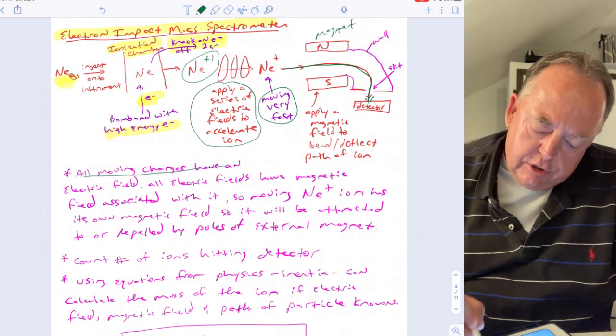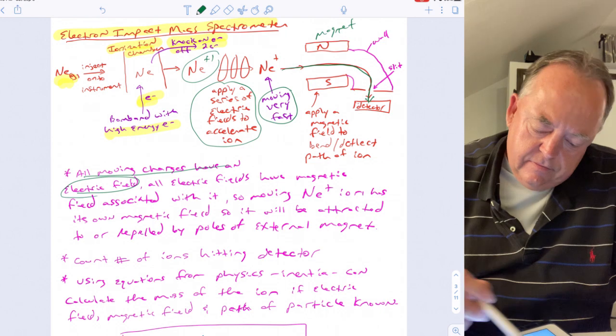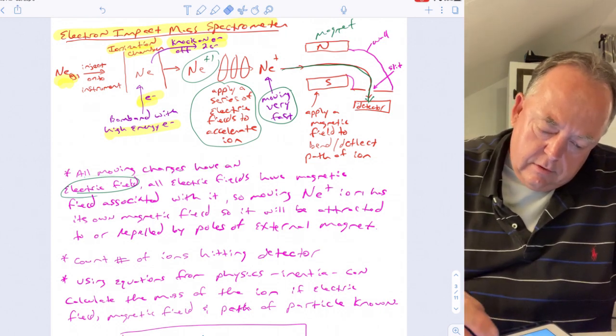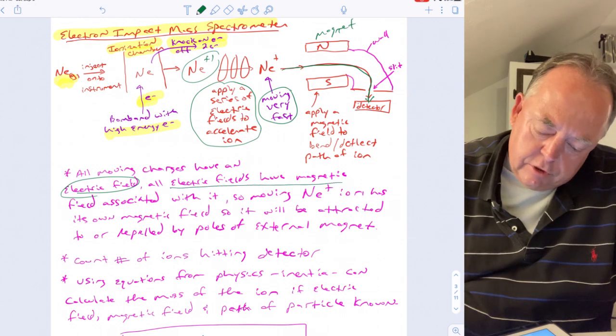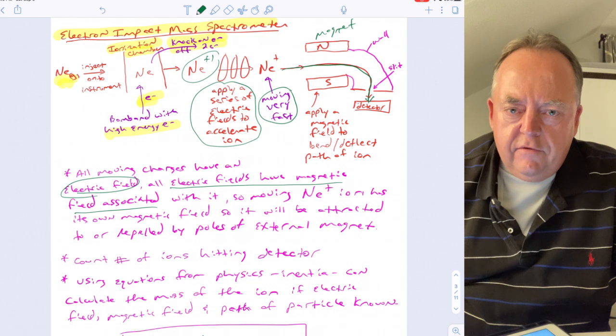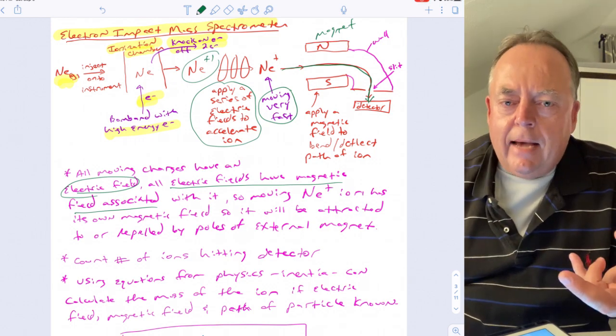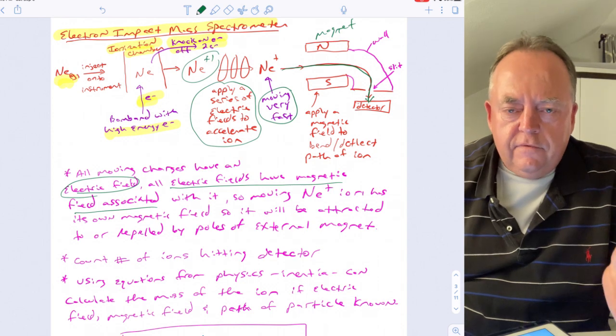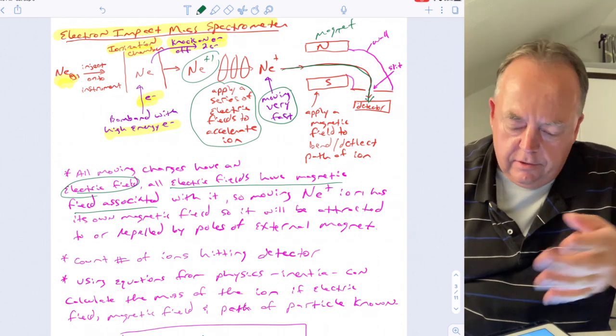Because all moving charges have electric fields, and all electric fields have a magnetic field associated with them. Many of you will probably take physics 2 at some point. If you take physics 2, you study electricity and magnetism. There you will see that everything with an electric field has a magnetic field associated with it.